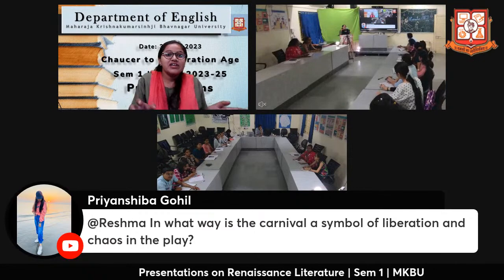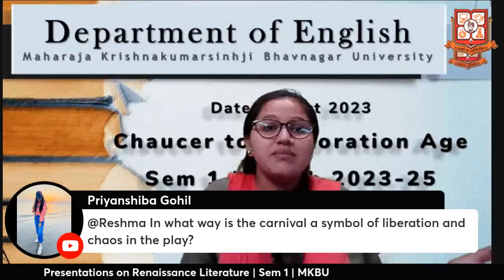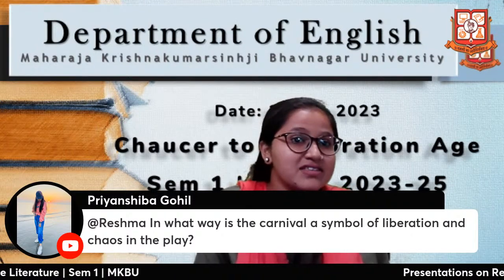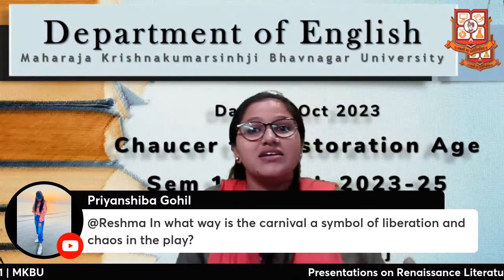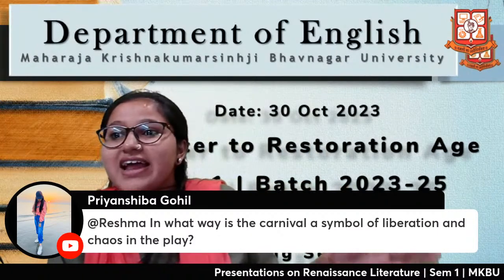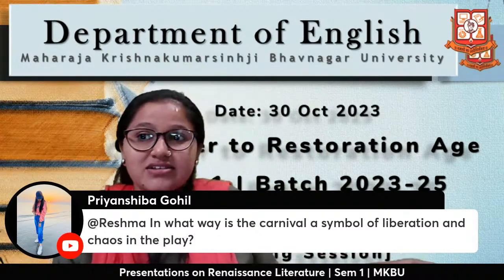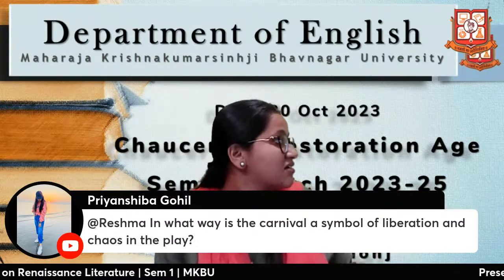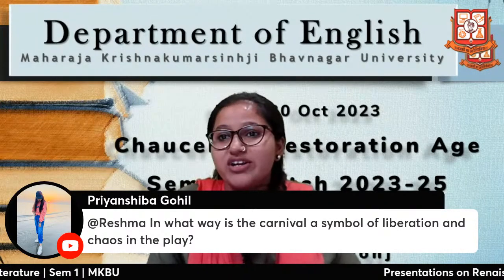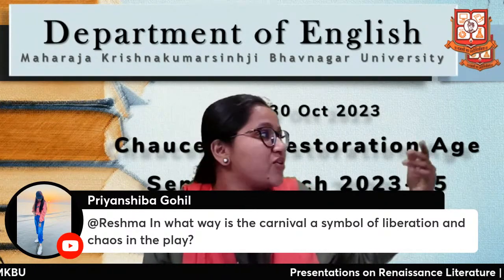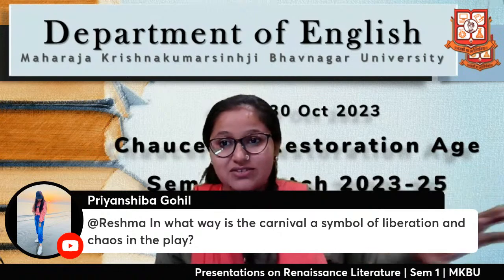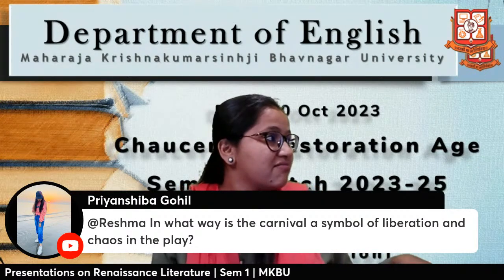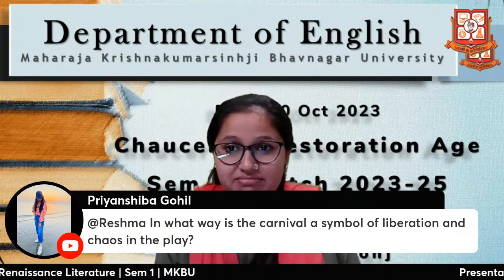We can see that specific characters, like Wilmore, are proposing to the girls and assaulting the girls in this festival. So it is a kind of order of this festival. Thank you.